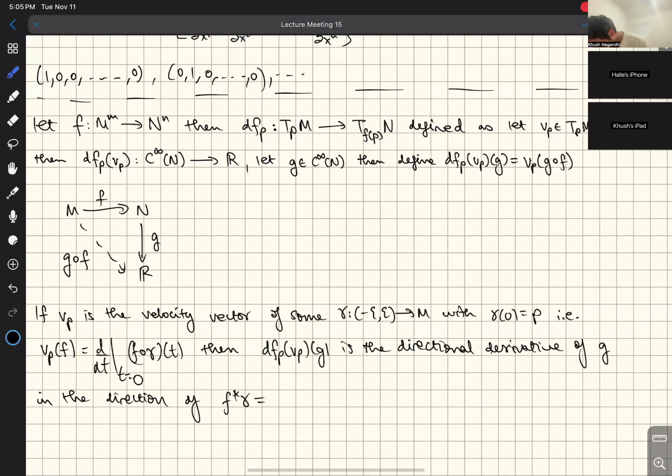Okay. I knew I would make this mistake, and that's what I was trying to avoid. So it's f composed with gamma, which is gamma pullback.